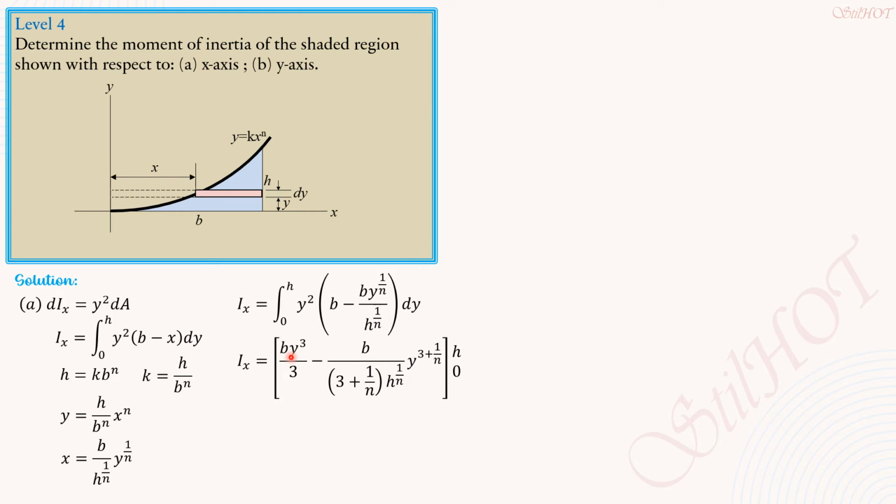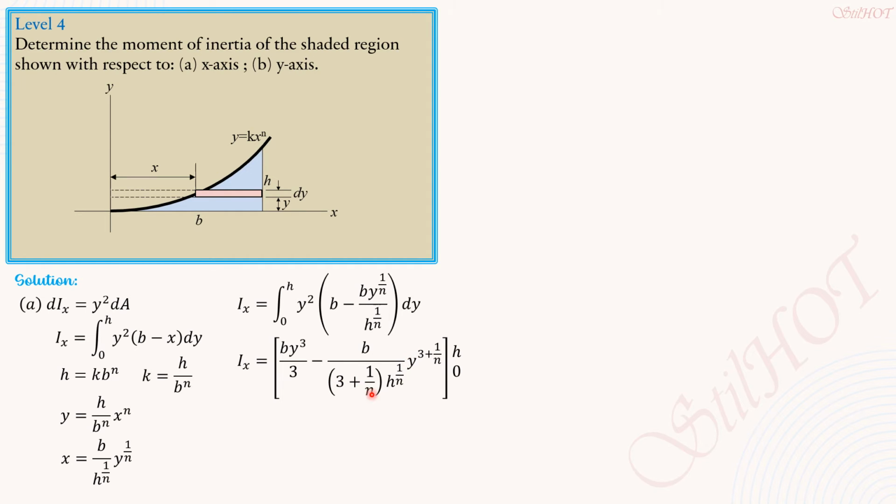So this is b h cubed over 3, minus b h to the quantity 3 plus 1 over n over 3 plus 1 over n, h to the 1 over n. Or this is h cubed times h to the 1 over n, so that we can cancel h to the 1 over n. There is h cubed here.